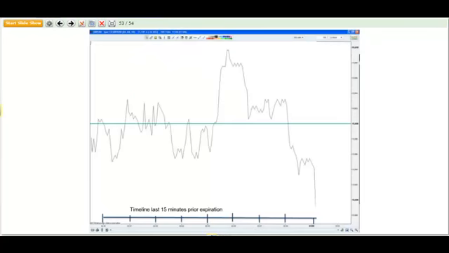So here is a 15-minute chart. This chart is the pound dollar, I think. One second, I want to make sure. Yeah, pound dollar. Last 15 minutes.